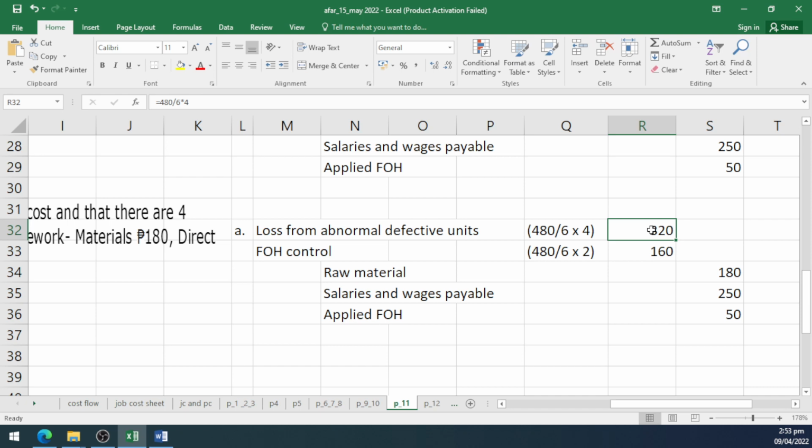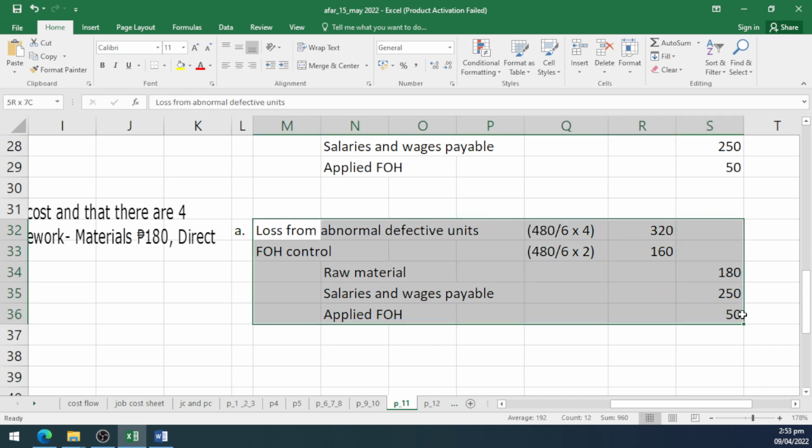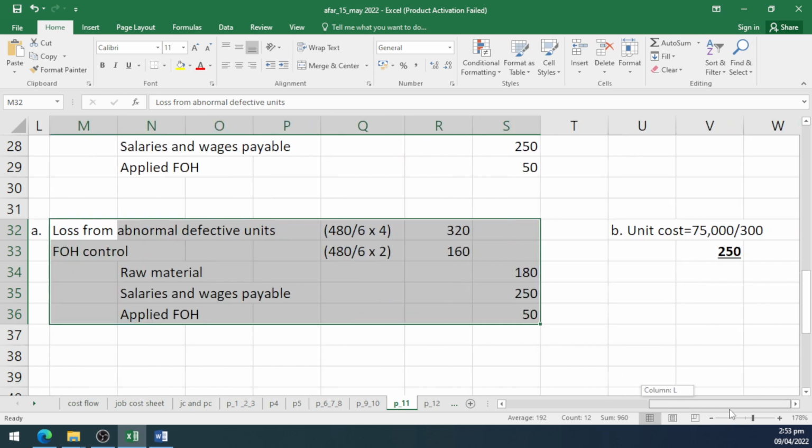May share na lahat. Kaya pag nangyari yung rework sa defective units na normal, hindi na pwedeng i-debit sa work in process yun. Nauna nang naka-debit eh, sa lahat eh. Overhead control na lang. And, if there is no charge to work in process, makikita nyo si entry, hindi natin ginalaw ang work in process. Wala ding increase sa total cost. 75,000 pa rin. Divide by 300, edi 250 pa rin. Walang pagbabago.